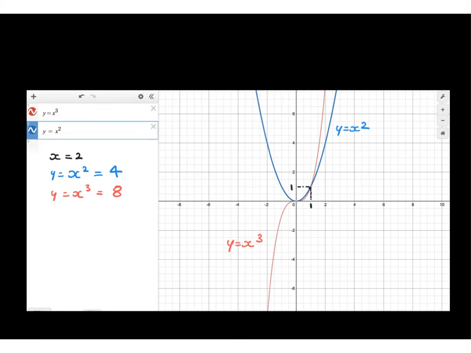If x is equal to 3, y equals x squared gives you a y coordinate of 9, but y equals x cubed gives you a y coordinate of 27, again significantly larger, which is why the y equals x cubed graph is much steeper than the y equals x squared graph.